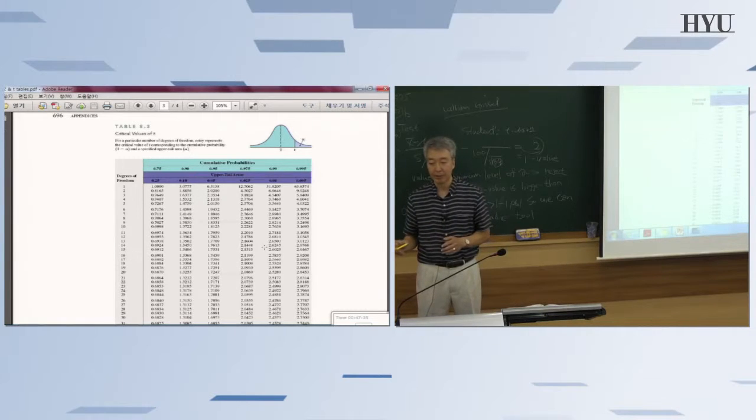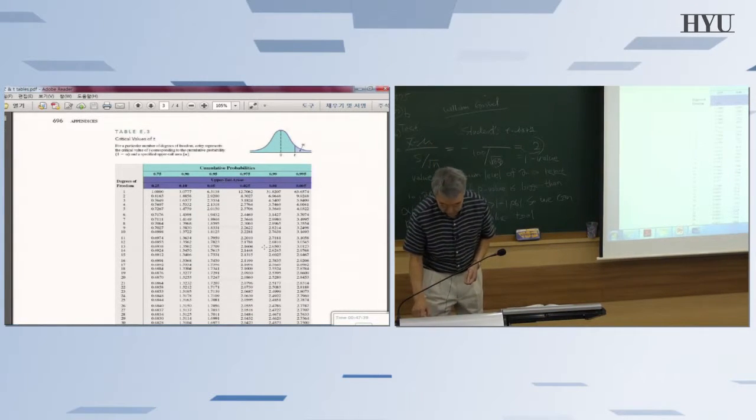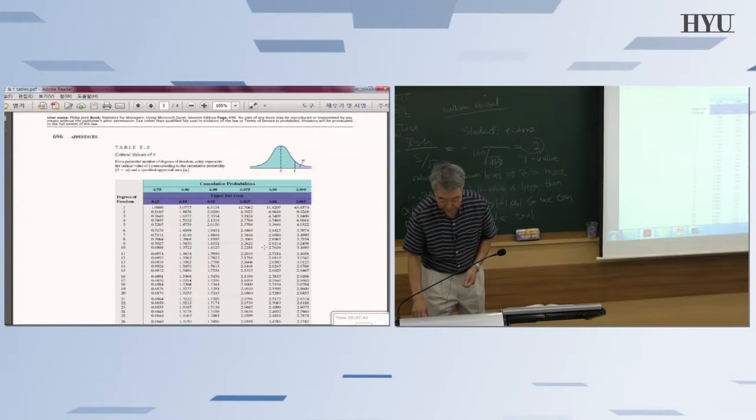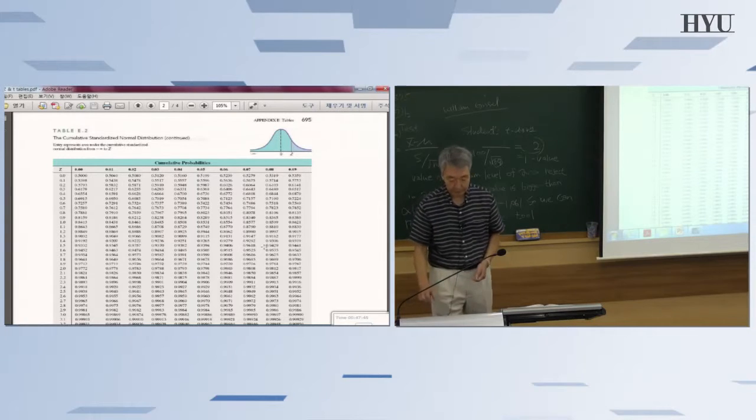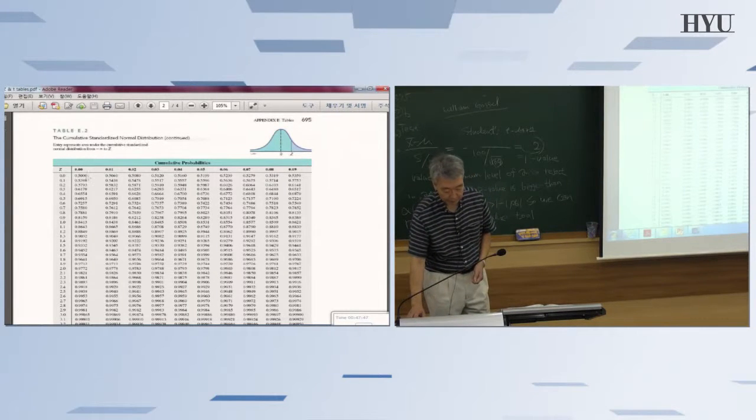Here's one thing you have to understand: the Z table and T table are completely different. If you remember the Z table, on the margins, in the first column and first row, you had Z-scores.